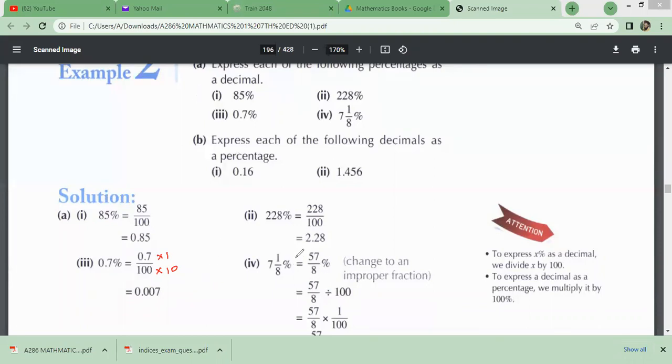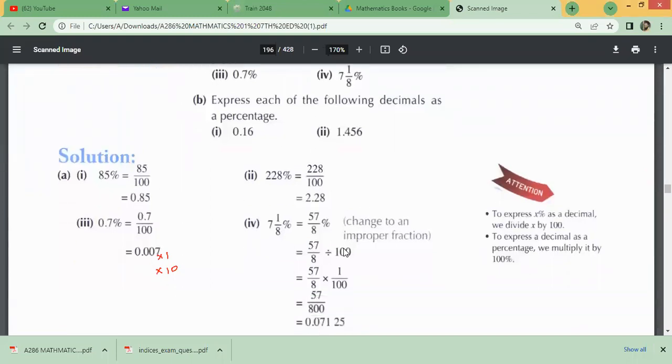And for any percentage which is a mixed fraction, for example, over here it was 7 whole 1 upon 8%. We have to convert it into an improper fraction first. So it is 57 upon 8. 8 times 7 is 56, 56 plus 1 is 57. So 57 upon 8 divided by 100. Now, I told you in the class as well that whenever you divide by any number, you can change the divide sign into a multiply sign with that number's reciprocal.